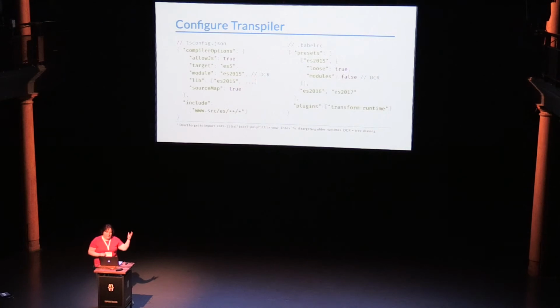On the TypeScript side, we also tell it that we want source maps. Babel will take care of that on its own with Webpack. One note on Babel, on the right, I've specified loose mode. And that's just because it helps with performance a little bit. And just FYI, that means Babel is adhering slightly more loosely to the spec.